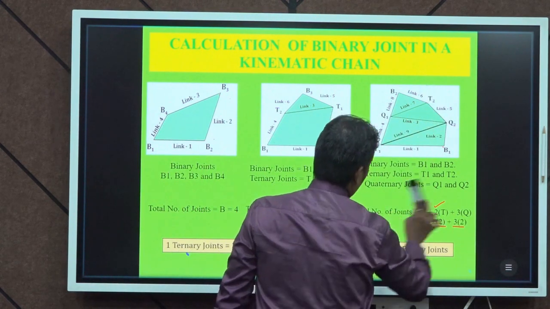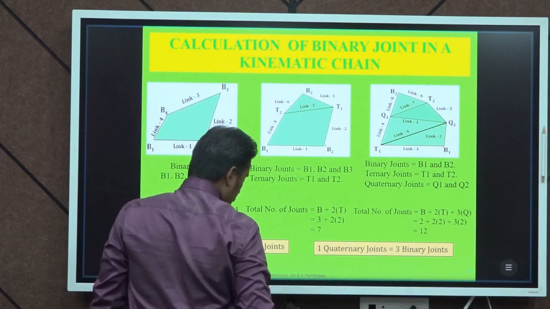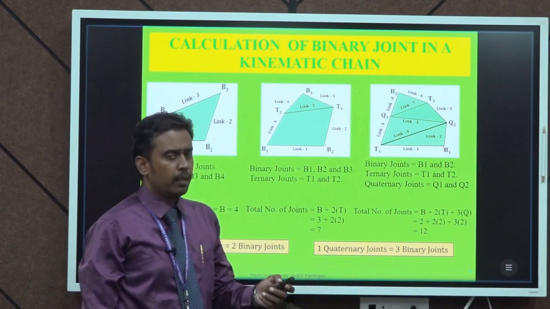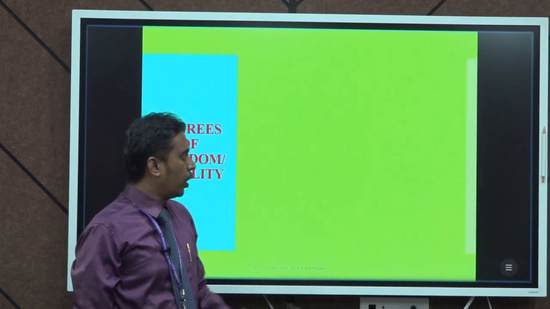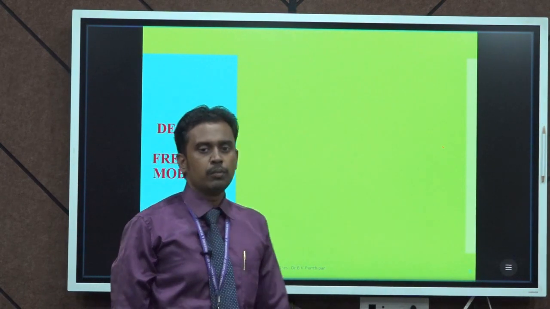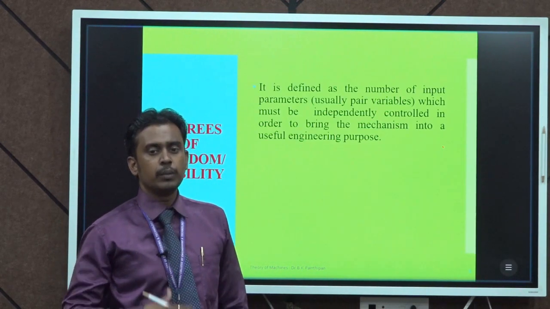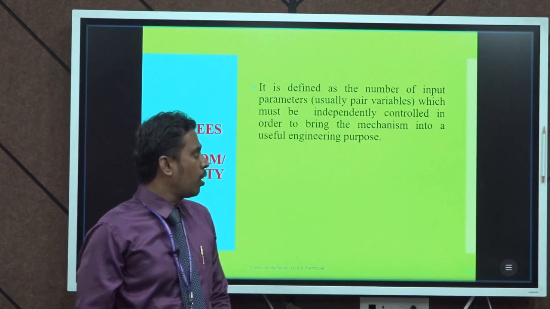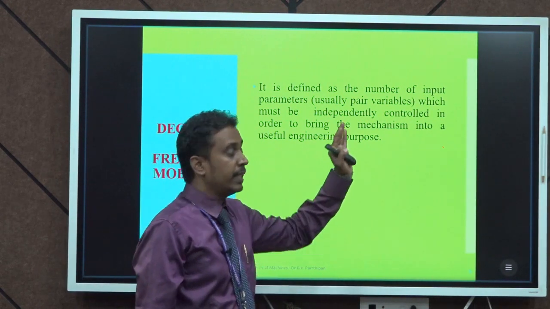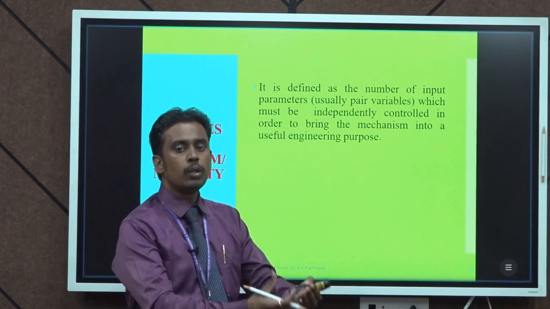As of now, we have learnt what is meant by kinematic chain and how to calculate the number of joints in a given arrangement. Now, we move on to the next important topic, degrees of freedom. Degrees of freedom is also known as mobility. In simple words, degrees of freedom is defined as the number of input parameters which may be controlled in an independent manner to bring the mechanism into useful work.